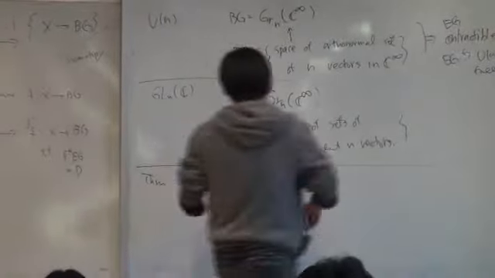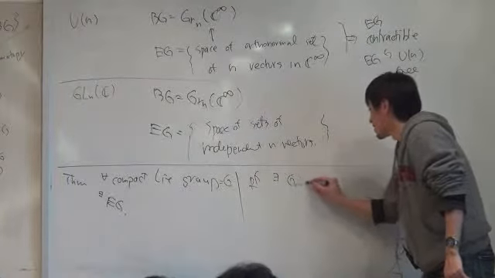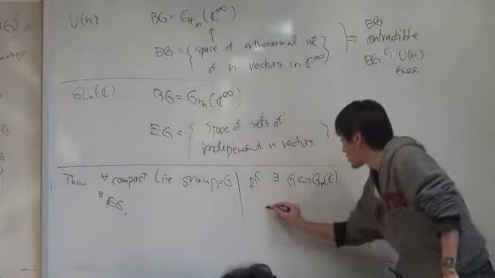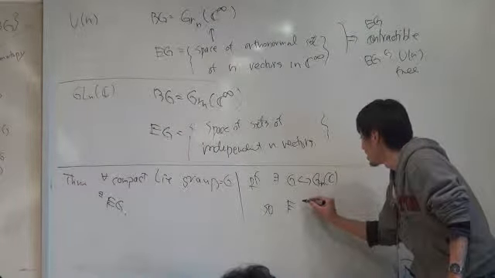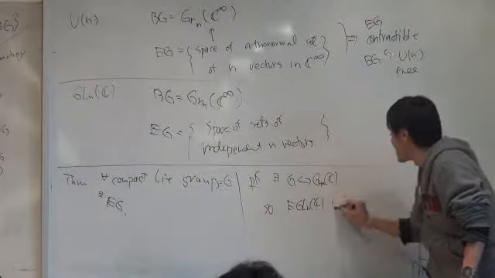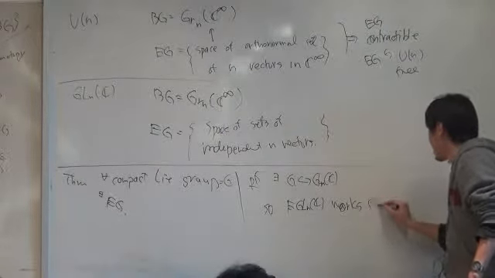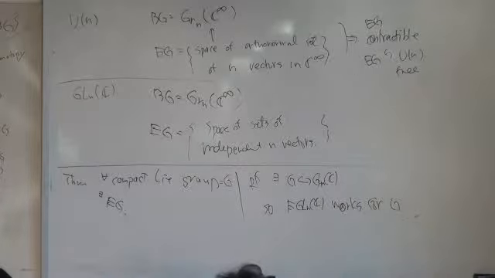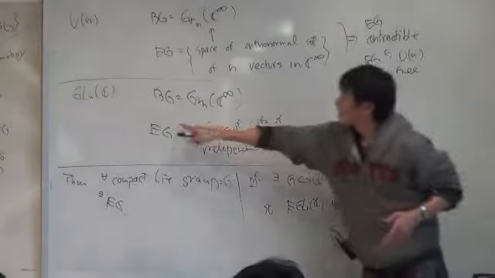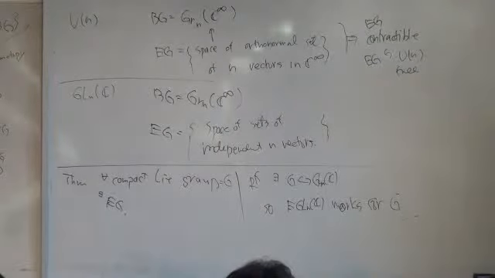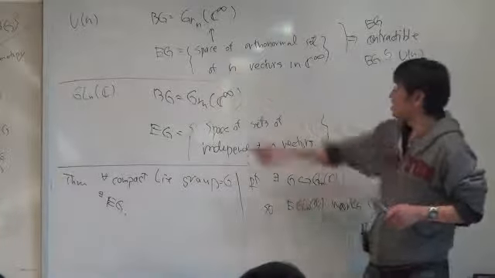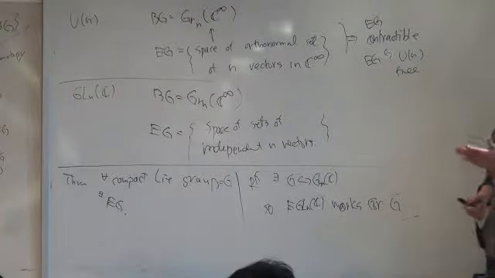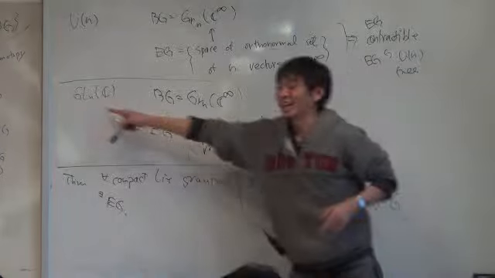So there exists an embedding of this group into GLN of C, and so the E of GLN of C works for any group G. Okay, and instead of using E of GLN, you can actually use E of UN too, because UN is a maximal compact subgroup inside of GL.